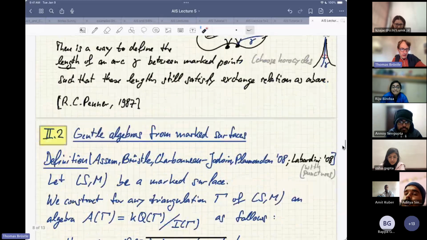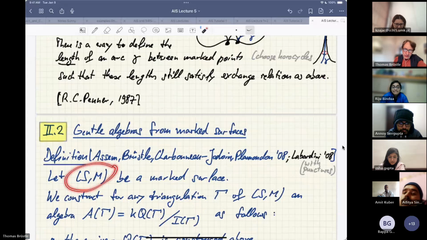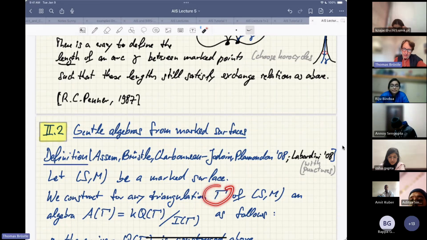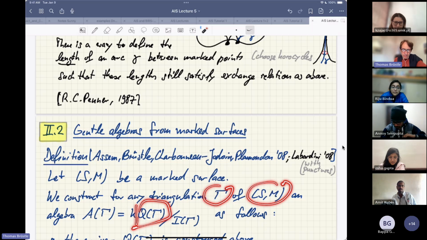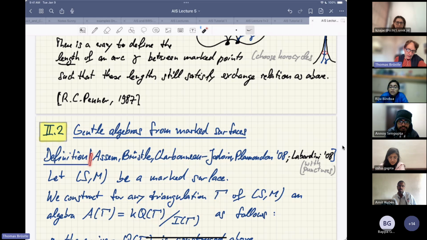What we have so far, given a triangulation of some marked surface, is the quiver. Now I want to turn that quiver into an algebra, into a bound quiver. So I want to add some relations. Good. And what is a good way to do that? We have done this in a joint paper with Ibrahim Assem.